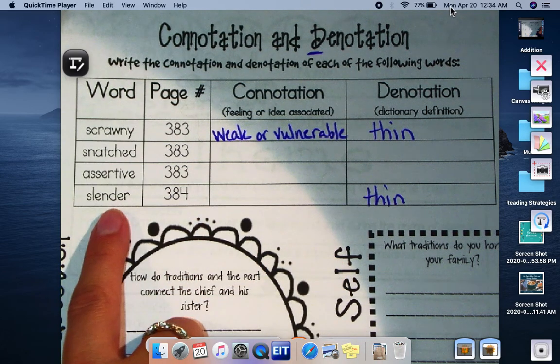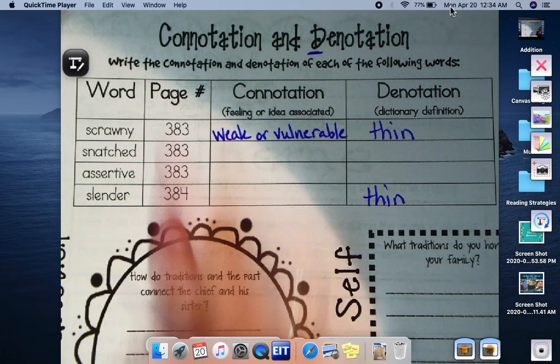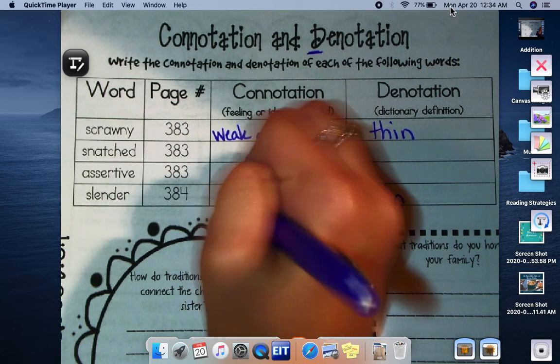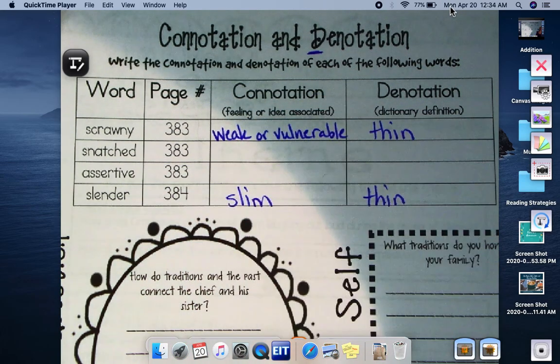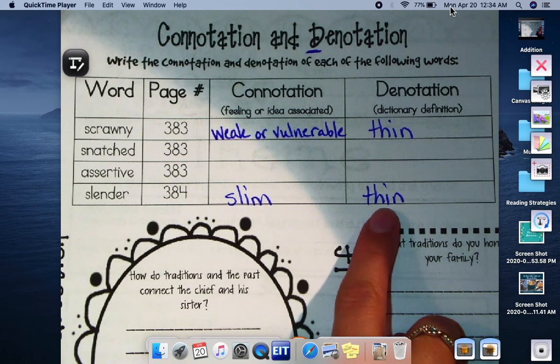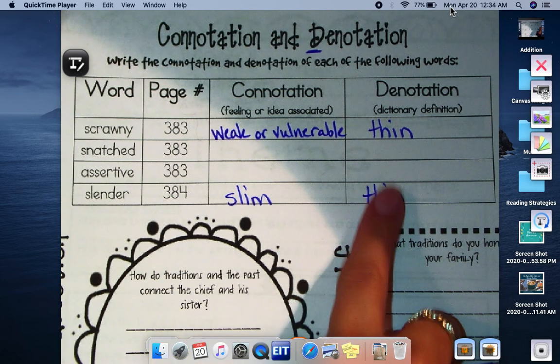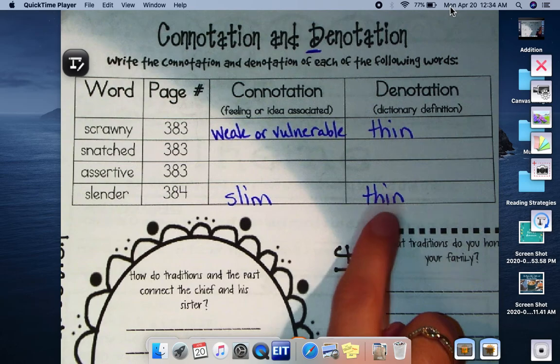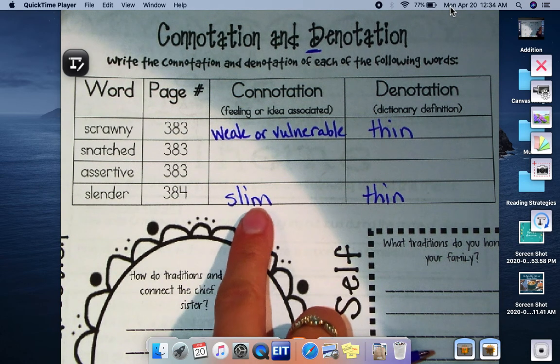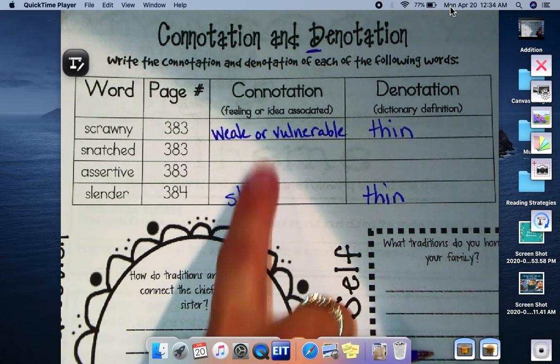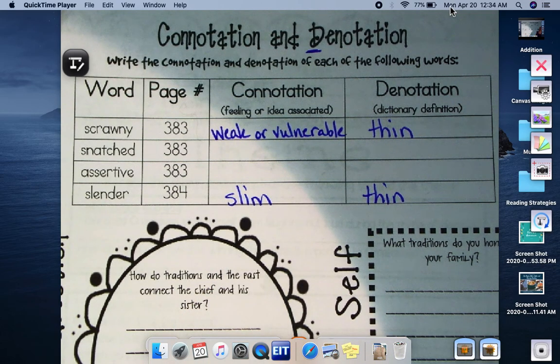But slender, you really are just picturing something that is slim, not being fat, right? The definition of both of those words is that they're thin, but the connotation, the feeling behind those words is different.